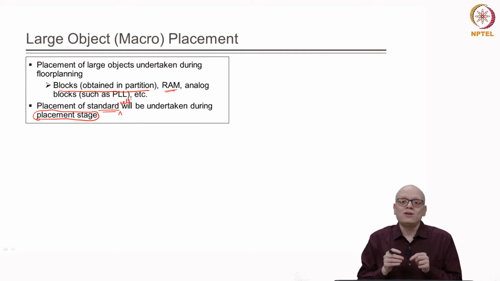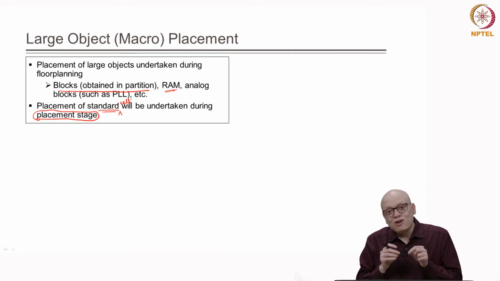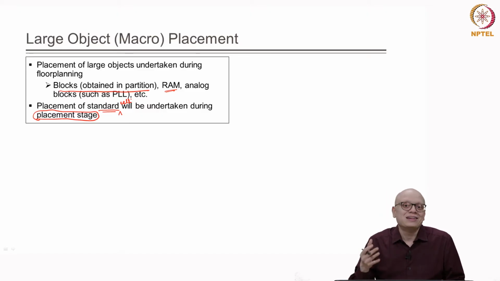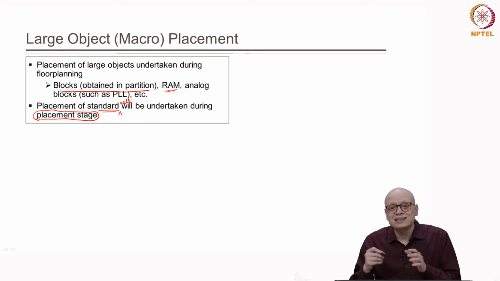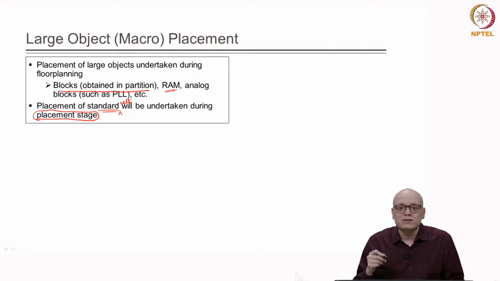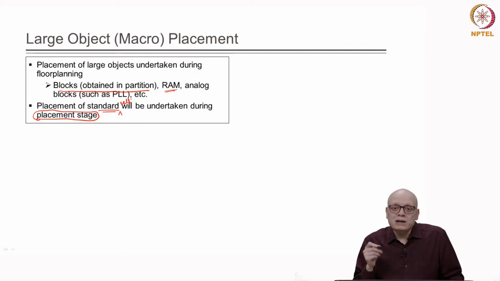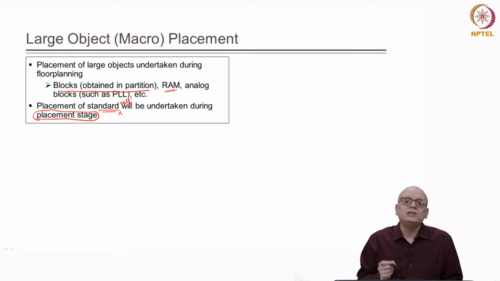But for millions of standard cells, manual intervention for all the objects is impossible, though we can do some tweaking. We cannot get a global view of the standard cell placement and then do manual intervention; that is very difficult. For larger objects, a lot of manual intervention can be made, and that is why we undertake that during the floor planning stage.